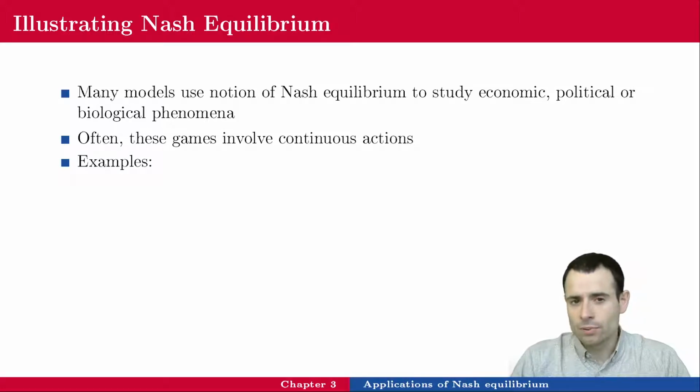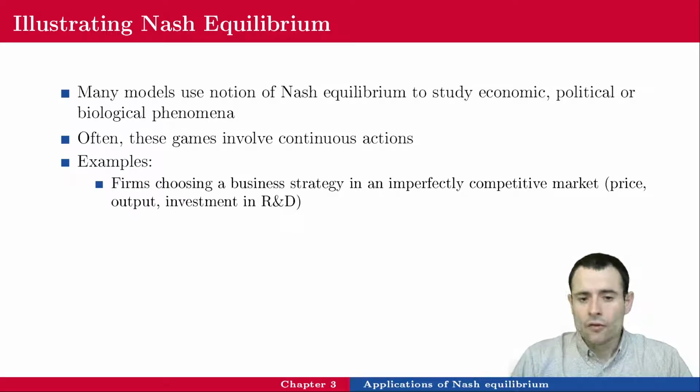So, a couple of examples. Firms choosing a business strategy in an imperfectly competitive market. Firms one way or another have some form of market power. It could be due to different reasons.